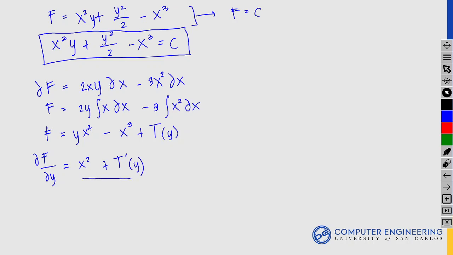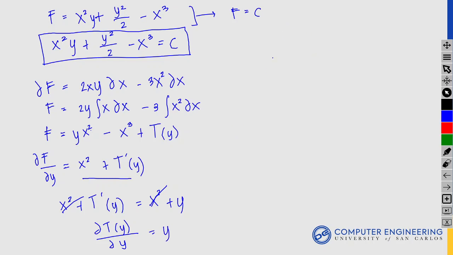So we can equate this x squared plus t prime of y with the coefficient of our dy term, x squared plus y. Cancel out x squared. This leaves the partial derivative of t with respect to y equal to y.